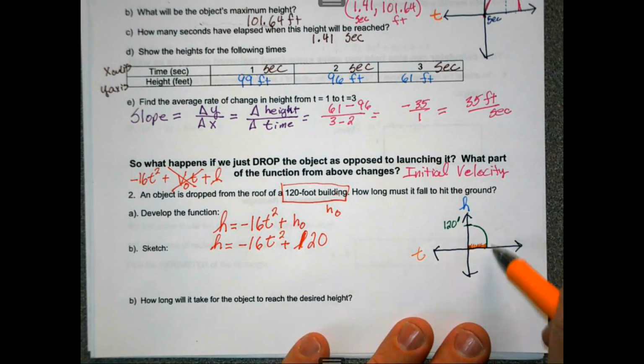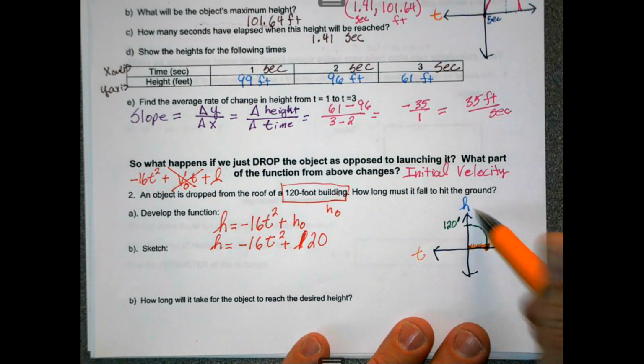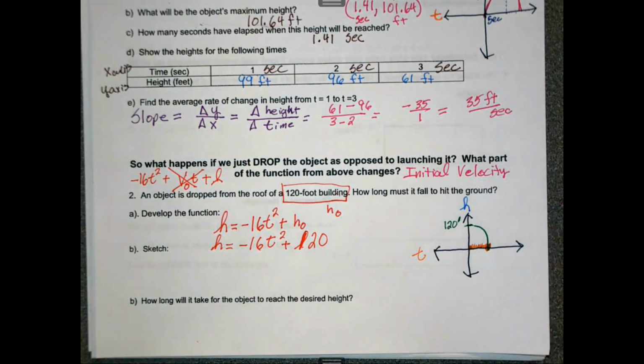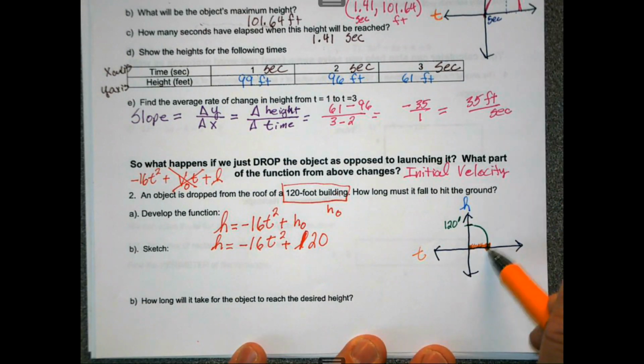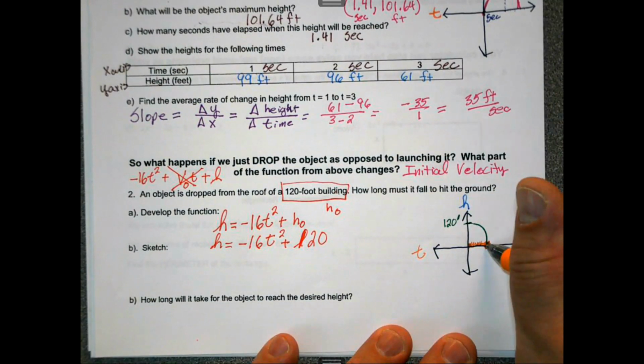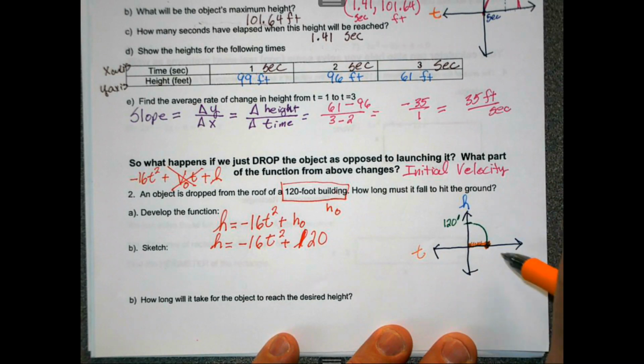By the way, what do we call this point where it hits the t axis or the x axis? Remember, we did it in regular algebra. It's the x intercept, right? In this case, it's the t intercept. What's the value of h at this point? 0.